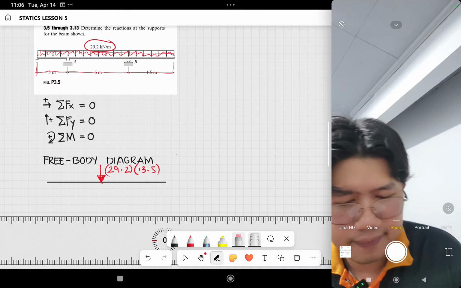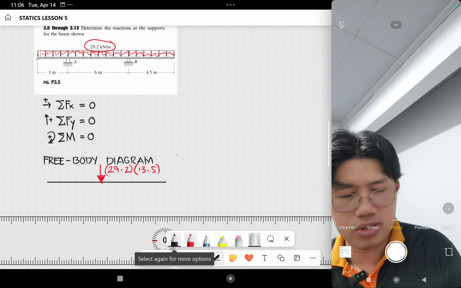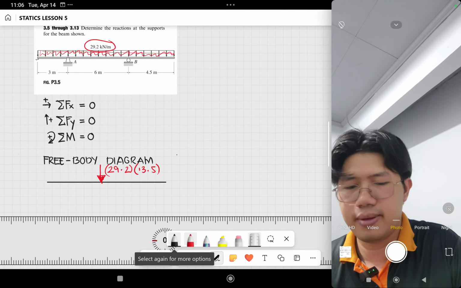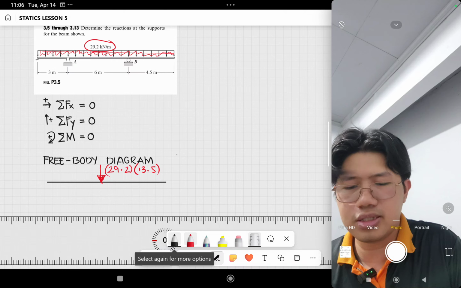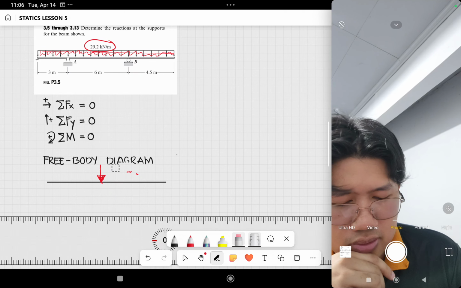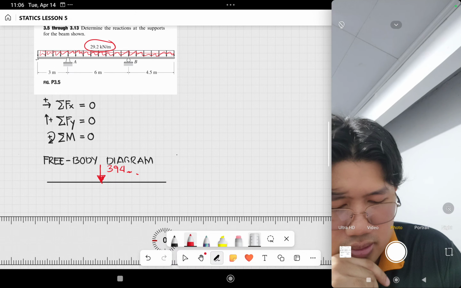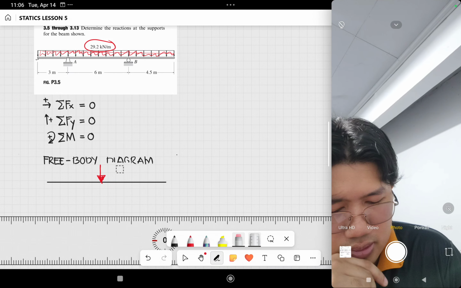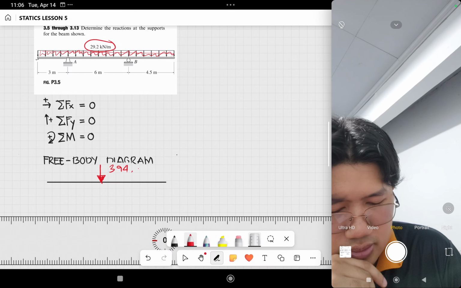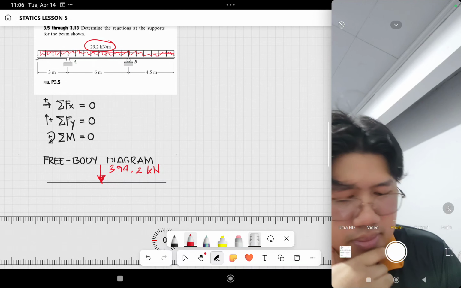Okay? So, 29.2 times 13.5. Let me compute. That is 394.2. Kilo Newton na siya. Hindi na siya kilo Newton per meter.